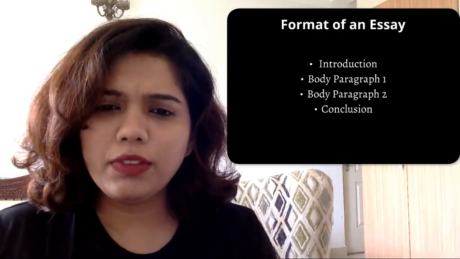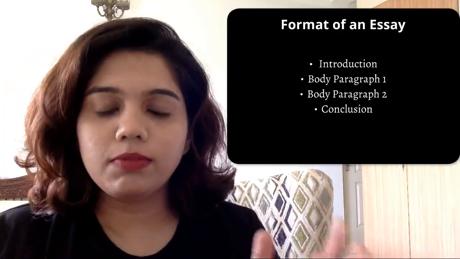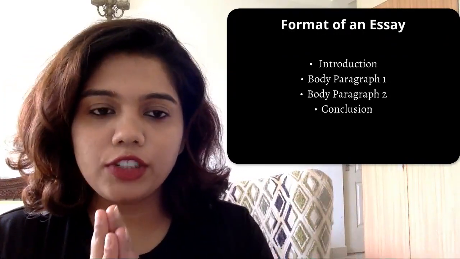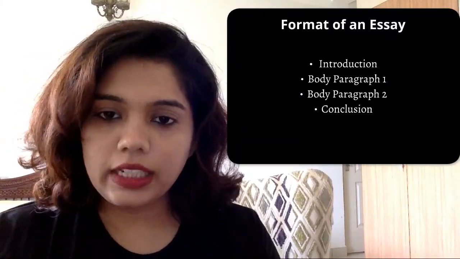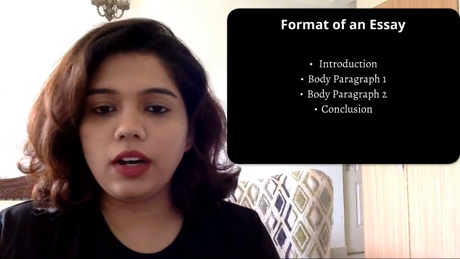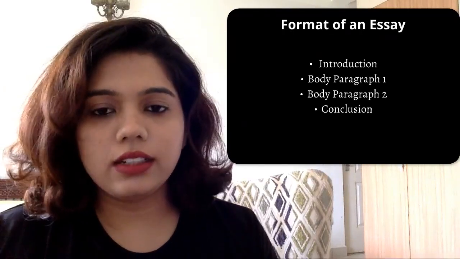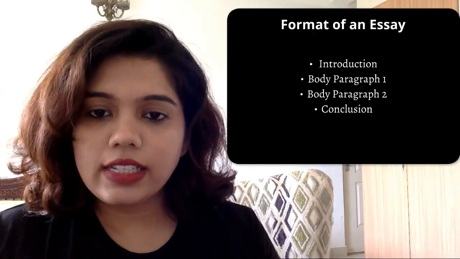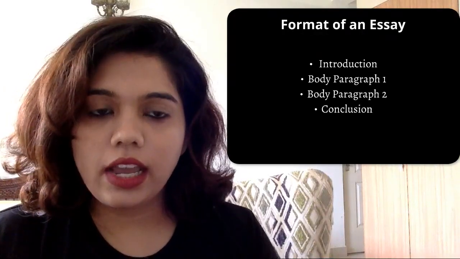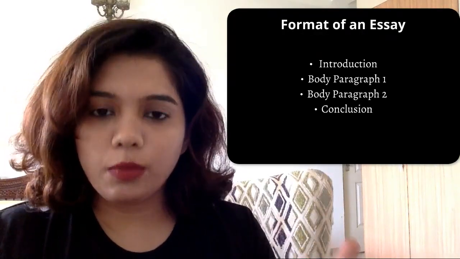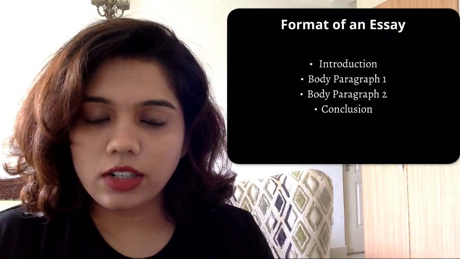Now, this is the most simple format, and the format that you have to follow for writing any kind of essay question. You start with an introduction where you are paraphrasing the question. Now, paraphrasing is writing the question in your own words, and you give your opinion also in the introduction.